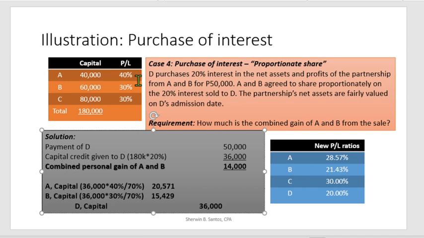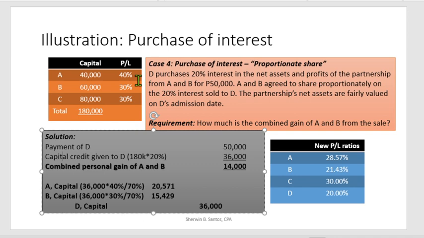Kumbaga, kukunin mo yung ratio, mababawasan kasi sila ng 20% dahil naibigay na yun kay D. So ngayon, kailangan mo lang hatiin yung 20% kay A at kay B. So 20% times 4 over 7, yung resulting figure nun, ibawas mo kay A. Next, 20% times 3 over 7, ibawas mo naman yun doon sa PL ratio ni B, which is 30.